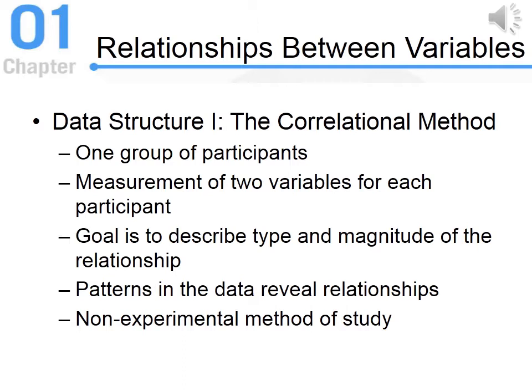Don't get confused and see a negative sign on a correlation and think that it means both values are decreasing. Remember, the sign is telling you the direction or the type of relationship, whereas the number is telling you the magnitude or the strength of the relationship.